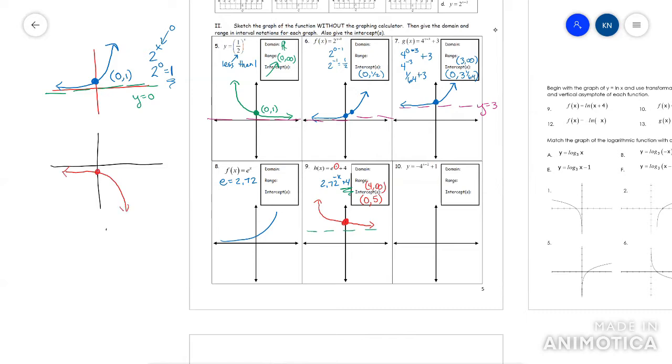With instead of 0, 1 now, it would be 0, negative 1, like that. All right, so that's the shape that this graph is going to take. Now it is going to move left 2 and up 1. So this up 1 is where I usually start. That's your asymptote, y equals 1. And then it's going to look something like this.